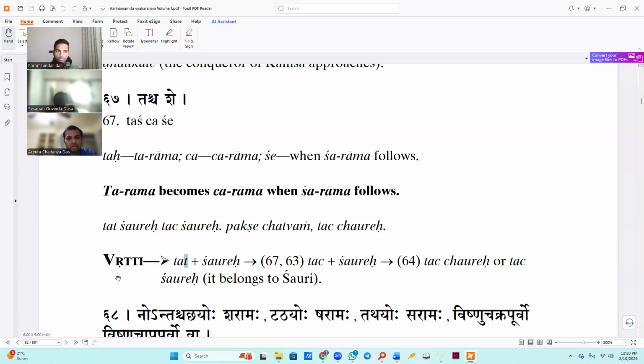So it can be no. If I say no, then find the reason why we can't apply 61. There's an exception. By which rule?